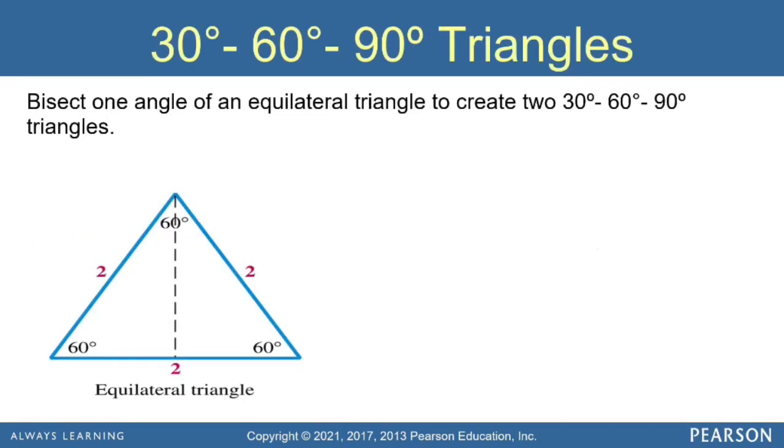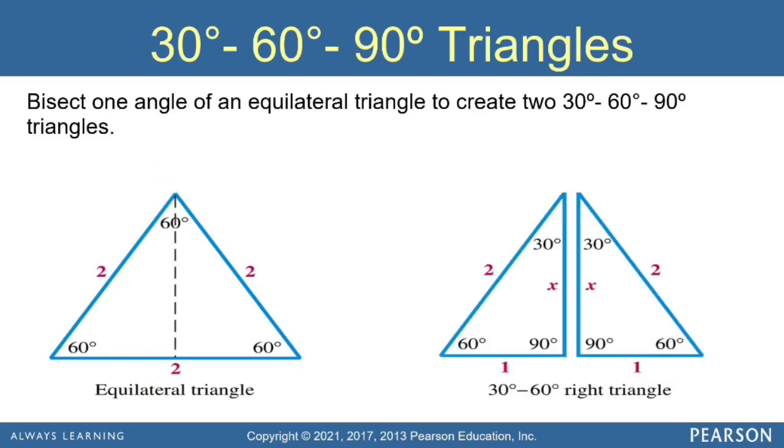Now we're going to talk about the function values for what we call special angles. So two of our special angles are 30 and 60. We're going to start by looking at an equilateral triangle, and we're going to make a right triangle out of this by just cutting this equilateral triangle in half. And when we do that, we get two triangles that are both 30, 60, 90 triangles.